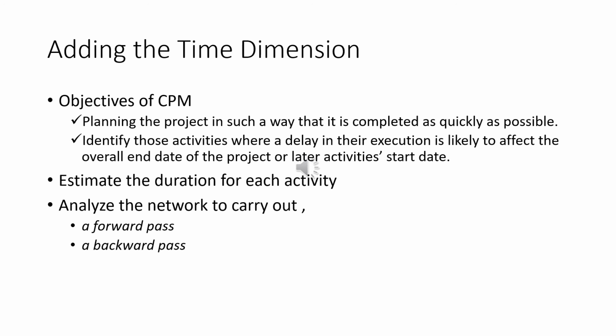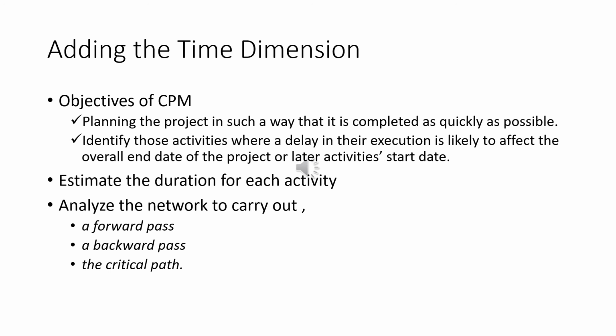The backward pass is the second stage to carry out in the analysis of the network diagram, when the network is analyzed to identify the critical path. Any delay on the critical path will delay the project. The difference between the earliest date and the latest date for an event is known as the slack.